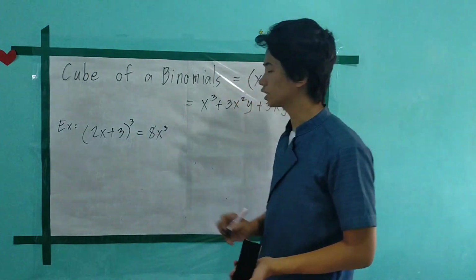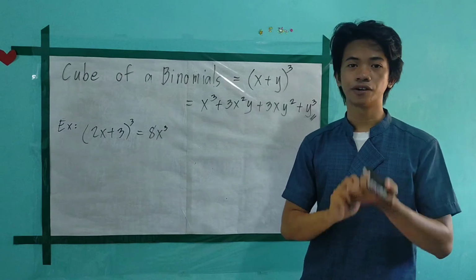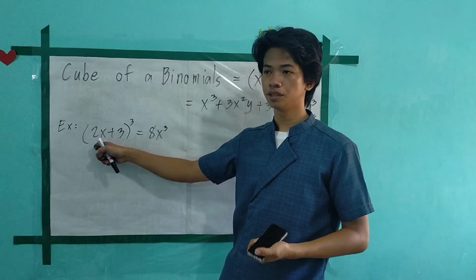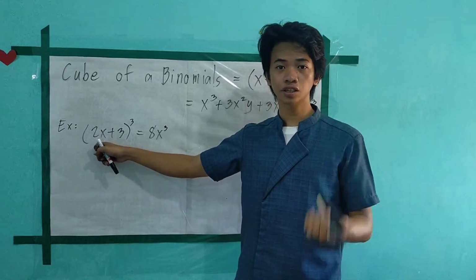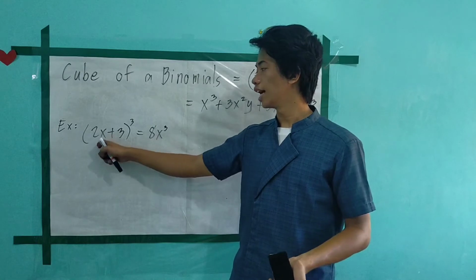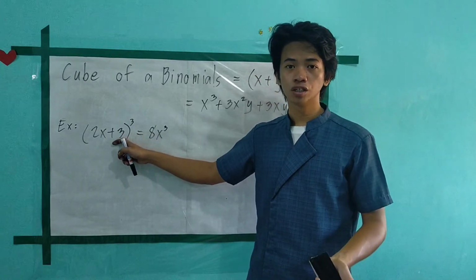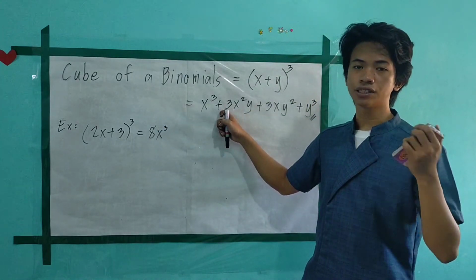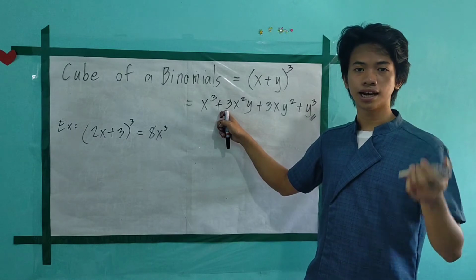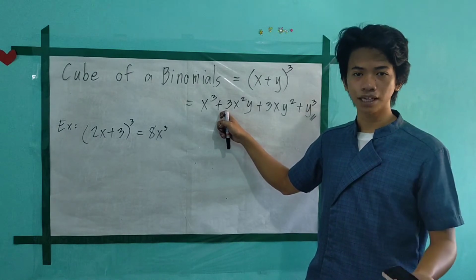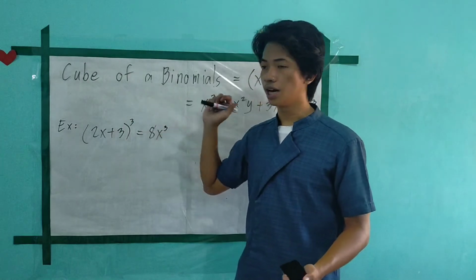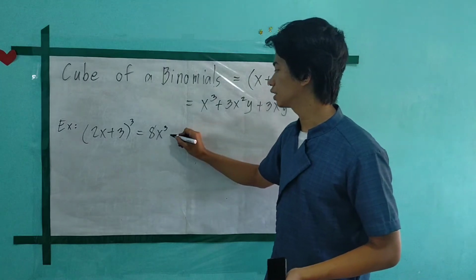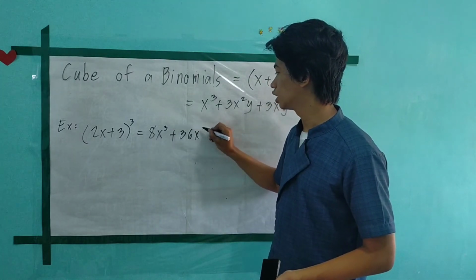We have 8x cubed. Then for the second step, square the first term. So 2x multiplied by 2x is 4x squared. 4x squared multiplied by 3, we have 12x squared. Then multiply by 3, since in our step we will thrice it, or we will multiply it by 3. So we have 12x squared multiplied by 3 is 36x squared.